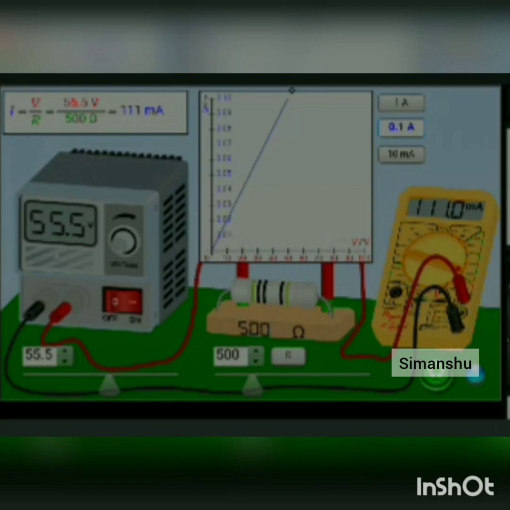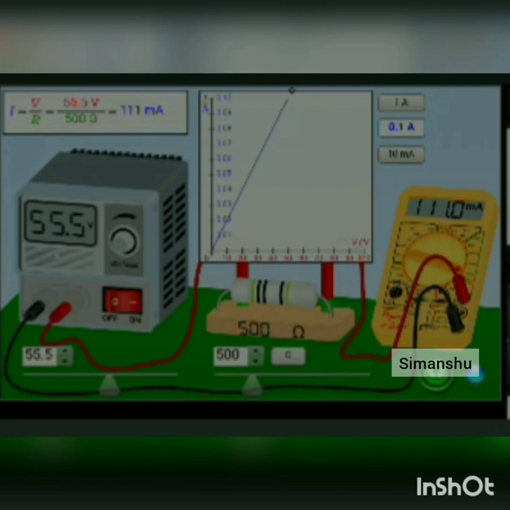Obviously when we increased the value of voltage on the voltmeter, the increased value we got on the ammeter also. Same you can check in the upper box on the left side, the ratio of V upon R. Again resistance remained constant, we changed only the value of V, that is 55.5 volt, and we got current as 111, which is more than earlier.